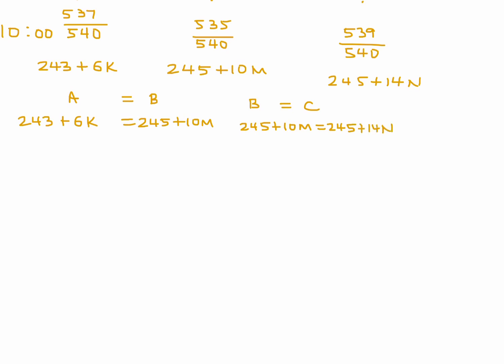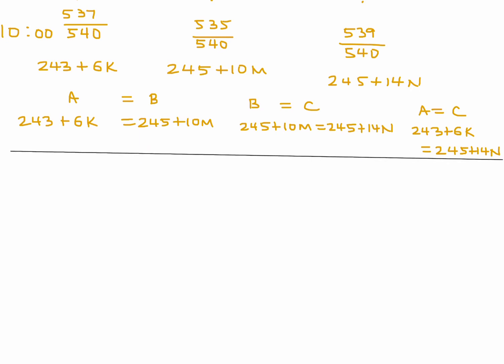And then one final comparison would be A equal to C, and that would be 243 plus 6k is equal to 245 plus 14n. All right, so let's do those three, and that should be sufficient to figure out our answer.